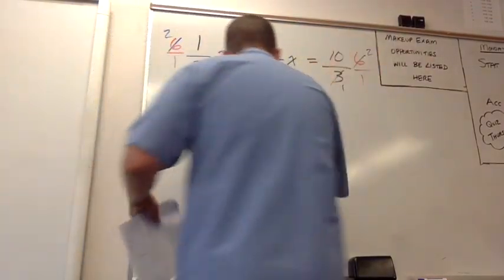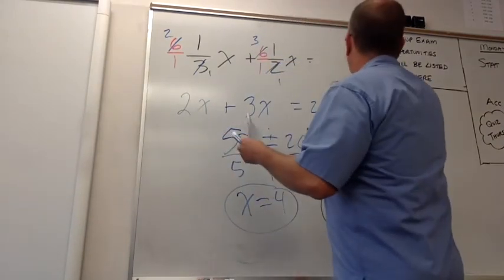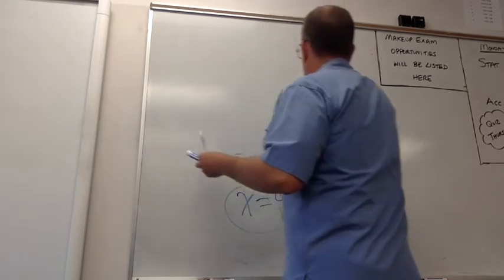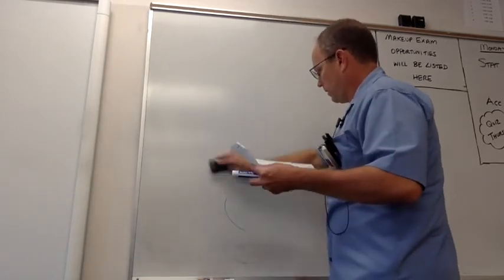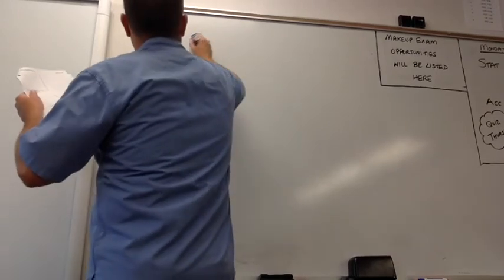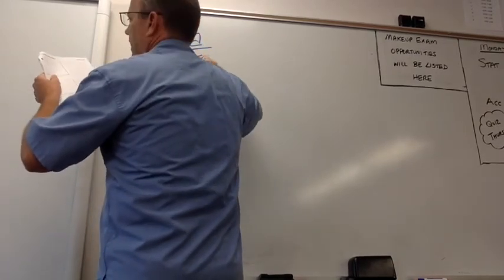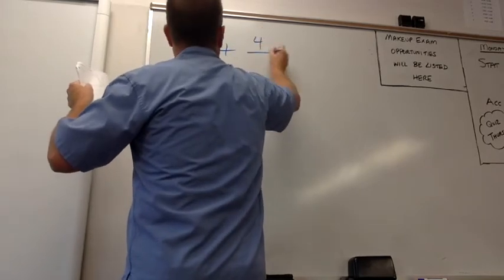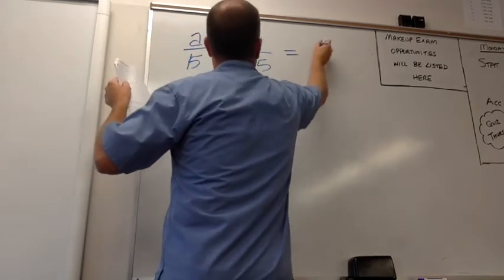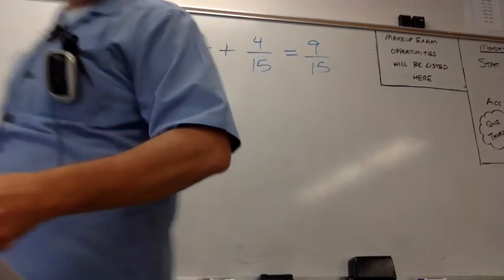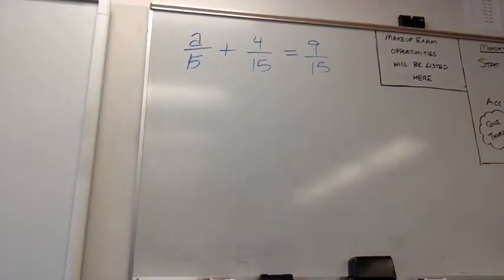Can I erase? All right, so looking at this next problem, we have a over 15 plus 4 over 15 is equal to 9 over 15. Okay, we at least have common denominators, yes?